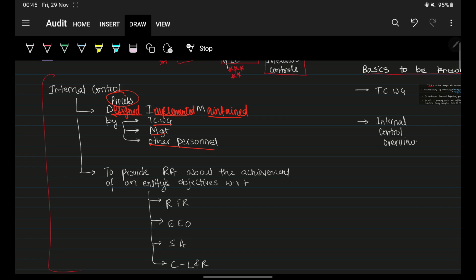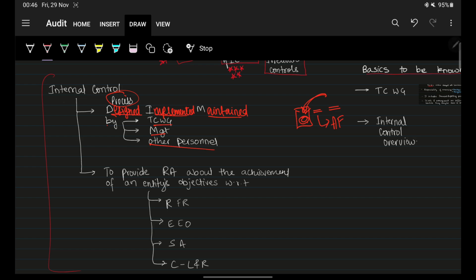Basically, before somebody else comes and checks whether the accounts and records are intact, or whether the accounts are prepared as per our AFRF, which is the applicable financial reporting framework, first there's going to be an internal checking. This internal checking is part of the internal control.